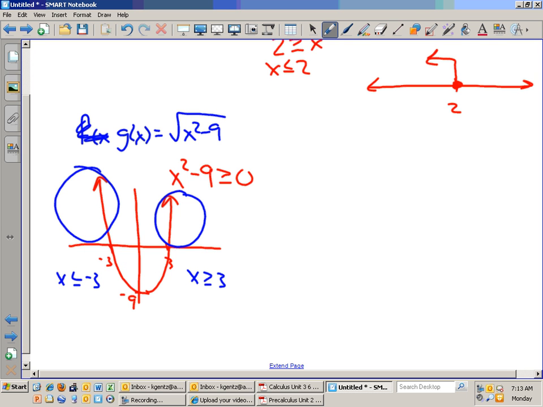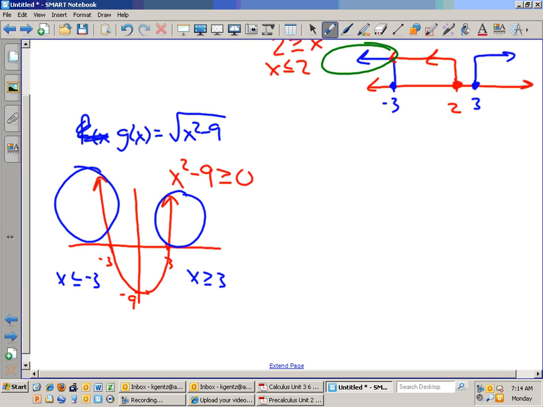Well, if you graph that, 3, which is greater than, and then negative 3, less than, it looks like the overlap doesn't happen until we get to the right. Again, we're looking for the overlap for the domains. Where do they overlap? They're going to overlap everywhere behind negative 3.